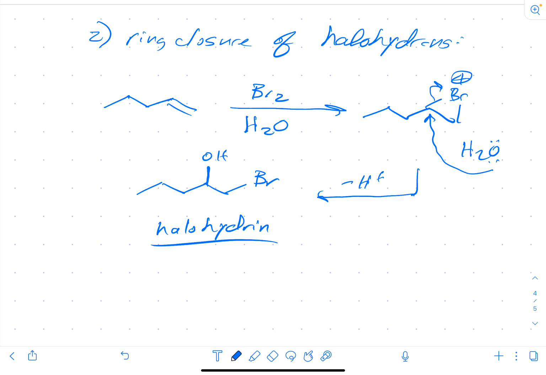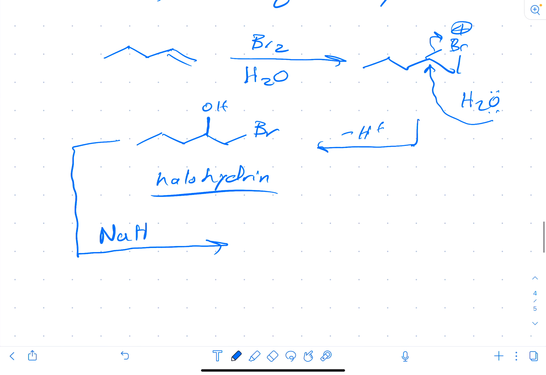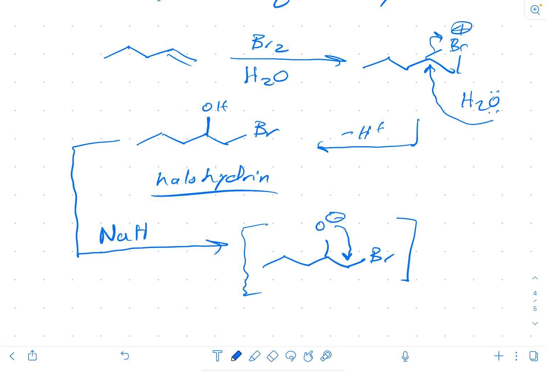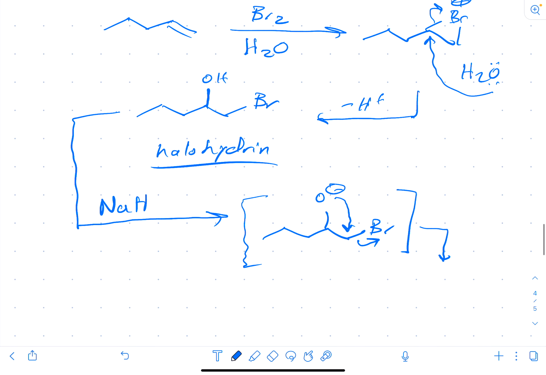If we can do that and then follow that reaction up with a ring closure step where we will treat that halohydrin with sodium hydride, sodium hydride will allow us to remove the proton from that alcohol of the halohydrin, and that gives me a good nucleophile which can ring close and spit out the bromine through an SN2 reaction, and that actually takes me to an epoxide product.